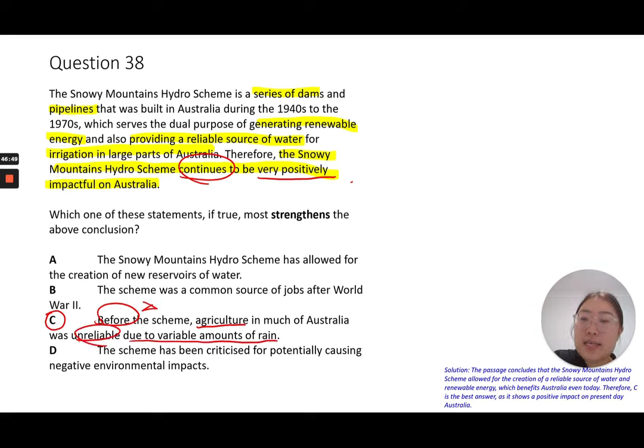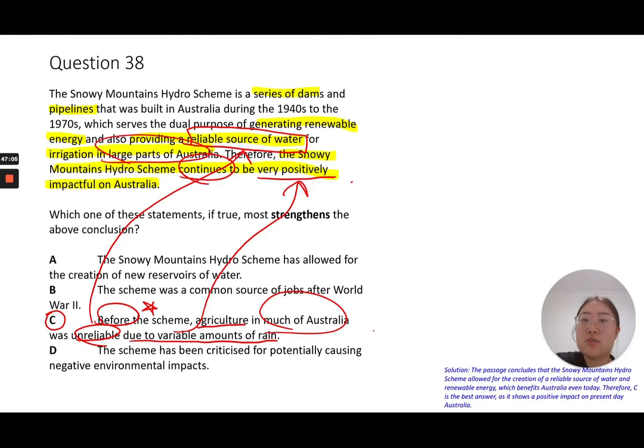So this scheme directly has helped it become more reliable. And that links to this, it provides a reliable source of water, and that is a positive impact. And also in much of Australia links to large parts of Australia. So multiple links here. So C is the best answer.